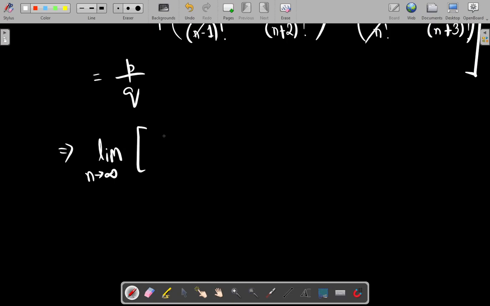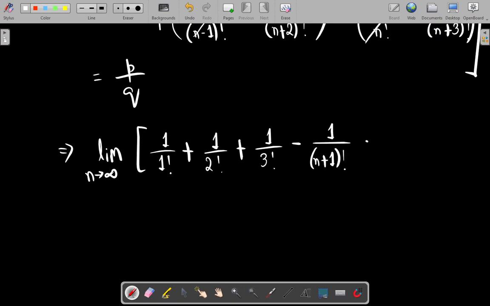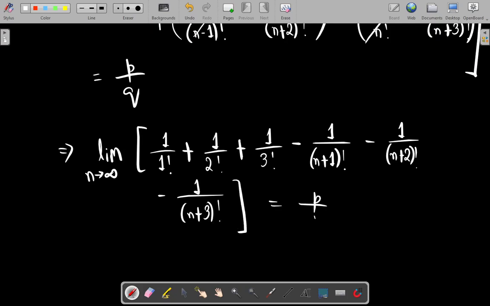So we are left with 1 upon 1 factorial plus 1 upon 2 factorial plus 1 upon 3 factorial minus 1 upon (n plus 1) factorial minus 1 upon (n plus 2) factorial minus 1 upon (n plus 3) factorial, and this is equal to p upon q.